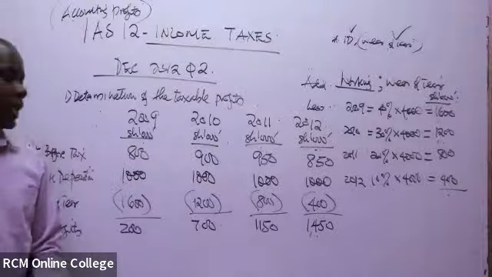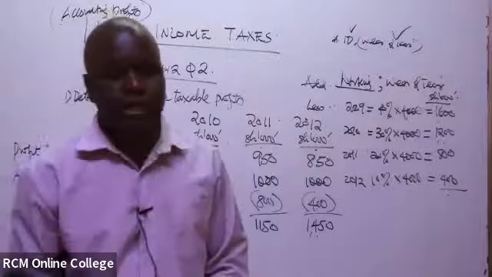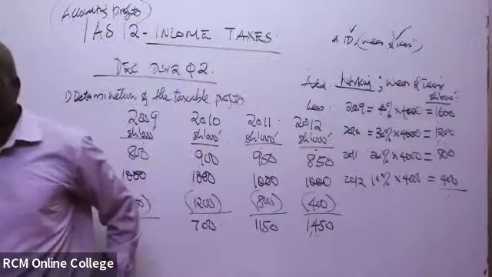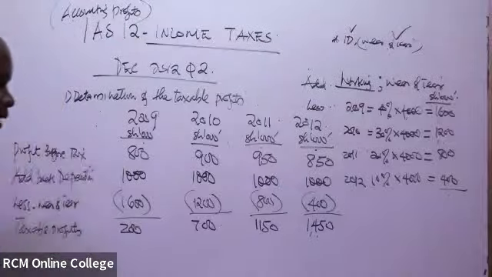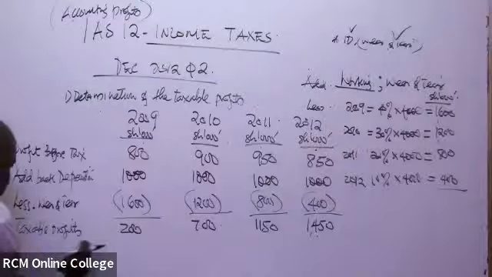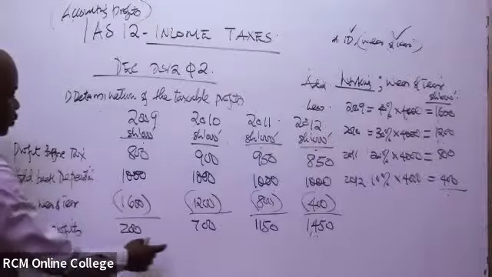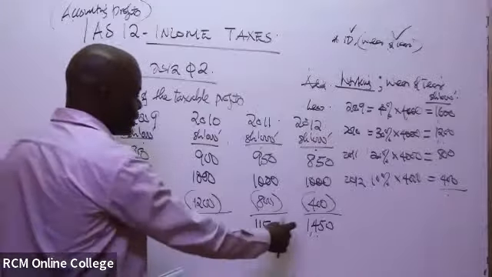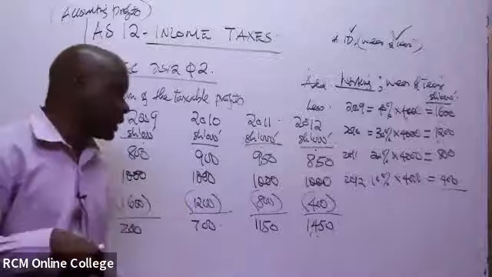The corporate tax rate is 30%. They have not actually called upon us to determine the current tax. But in any case, if they had asked us to determine the current tax, it would have been 30% of these taxable profits. That is the tax they'll end up incurring in each current year.